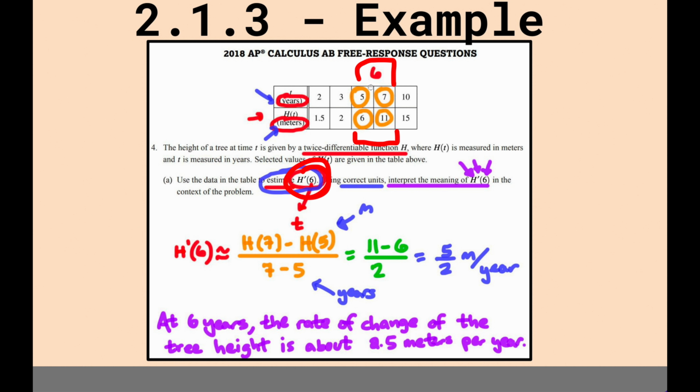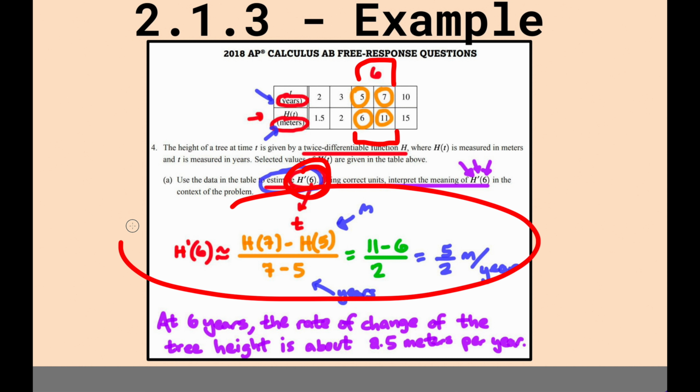So what you can do is just find the slope between 5 and 7, which is what I did right here, to get 5 over 2. So that's essentially what you're supposed to be doing. You're finding the derivative, but that point is not in the table, so you just have to use the points that are around it. In between 5 and 7 is 6. So if you do the slope between t equals 5 and t equals 7, that slope estimates the derivative at 6. That's an example that's already worked out.